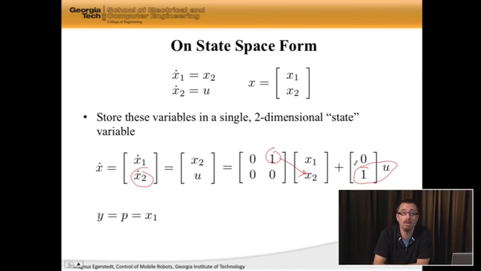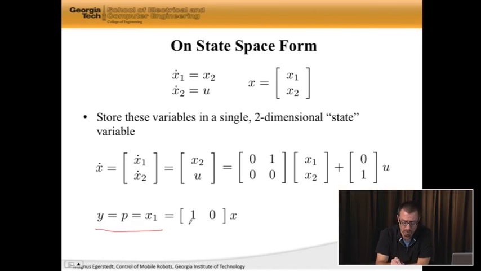So I've now rewritten my dynamics using these matrices, which may or may not look easier, but trust me, it actually will be much easier. Moreover, the thing we care about in this case would be x1. So I'm going to take the output of the system to be x1. And I can also write this as a matrix. In this case, it's a row vector times x.